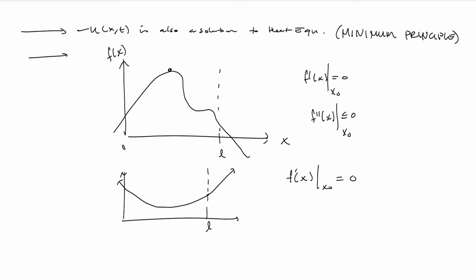And also not necessarily the case that f double prime is less than or equal to 0. And so it follows that if we impose these two conditions, which we did just with a different variable, because we have a multivariable function, you're working with a local maximum, right? So what we've essentially shown is that you can't have a local maximum. You basically just have a global maximum, where global means it's just at the boundary here, right?